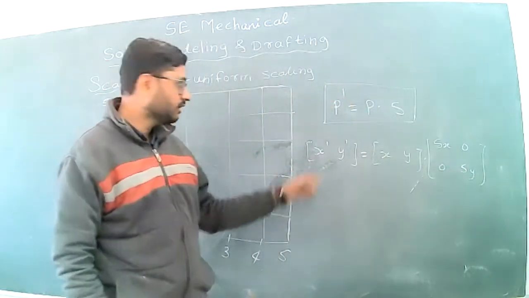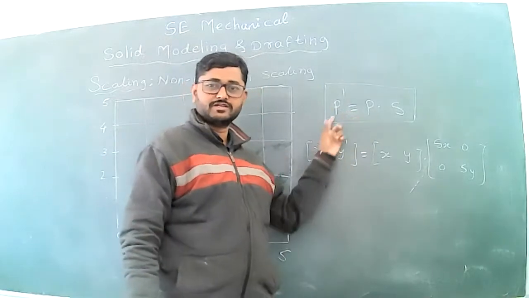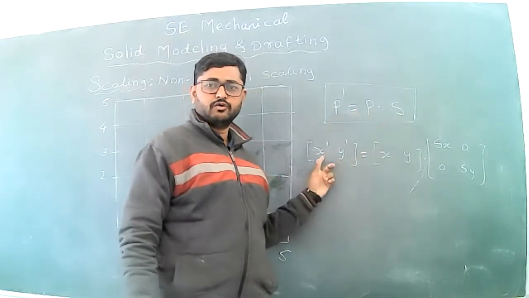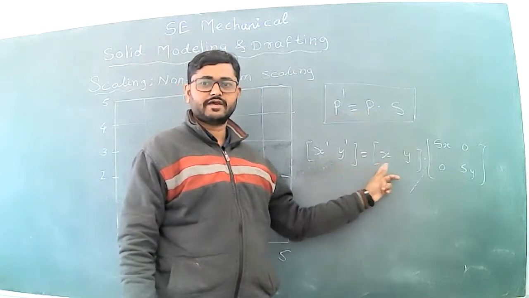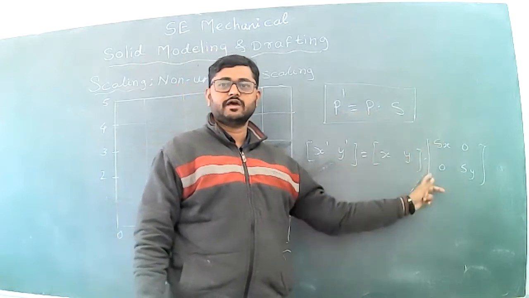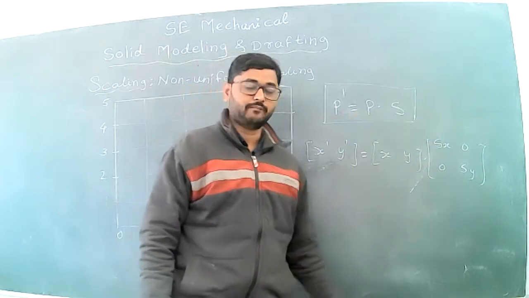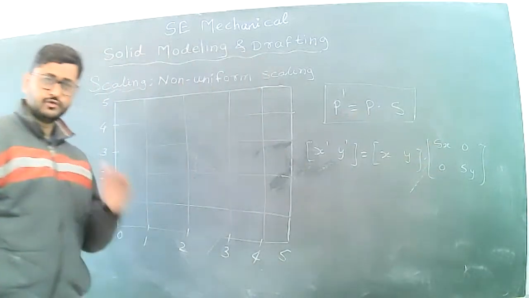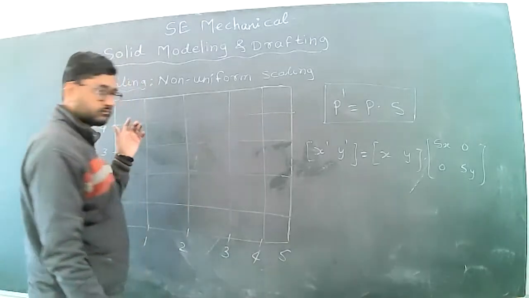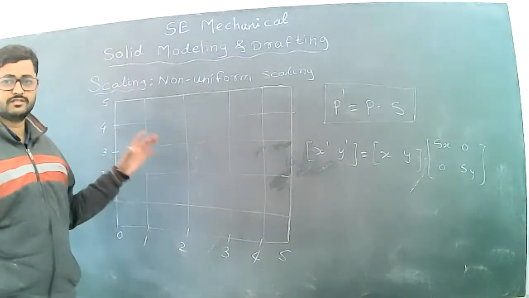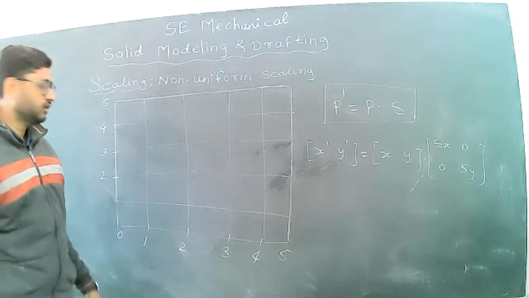In matrix form, this formula becomes P dash is equal to P into S, where P dash is x dash y dash is equal to P is xy into S is Sx 0 0 Sy. So in today's lecture, we covered second topic, that is non-uniform scaling.